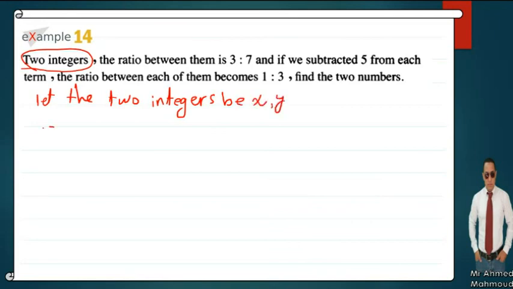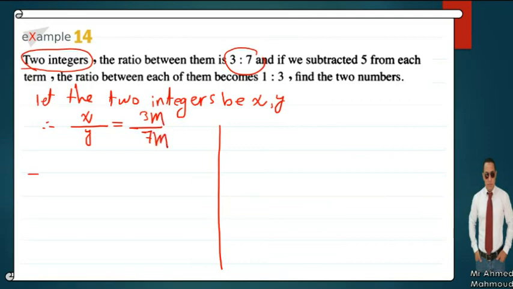Therefore x over y equals 3 to 7. Now I will not solve by x and y because we have two different symbols, so I will make x equal 3m and y equal 7m.